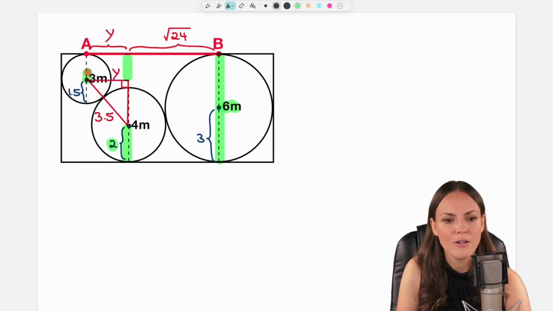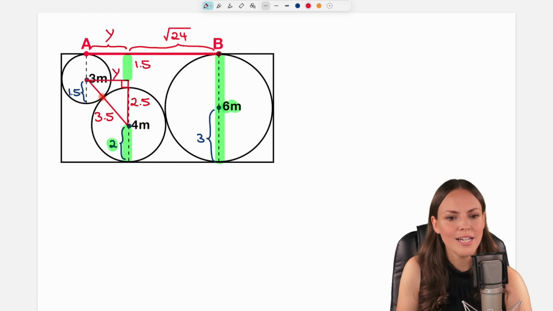This is my radius of my small circle here, which is of length 1.5. So I have 1.5 here, which means that for this side, I have to take this 6, subtract the 2, which gives me 4, and subtract the 1.5, which gives me 2.5 then for the length of this side.